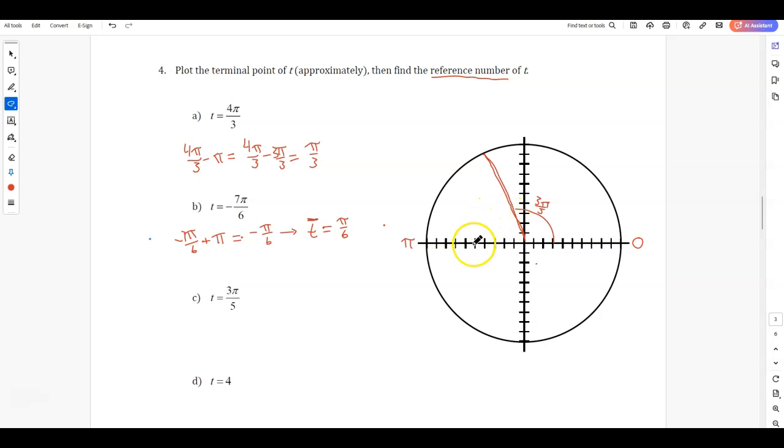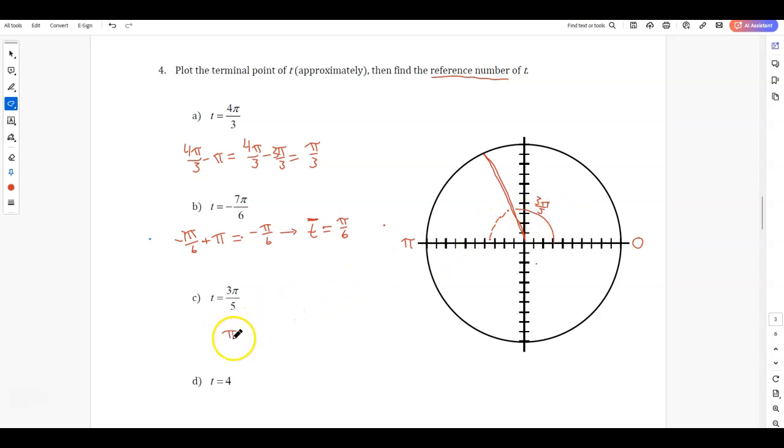Now, how far does it take to get back to the x-axis? So with pi, right, this would be 5 pi over 5. So again, I can just subtract those two to figure out how long that would take to go from there back to there again, right? So subtract that whole pi minus that 3 pi over 5 that I already went.